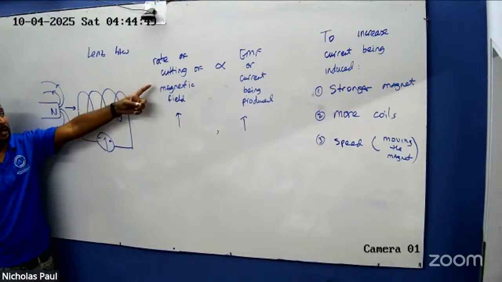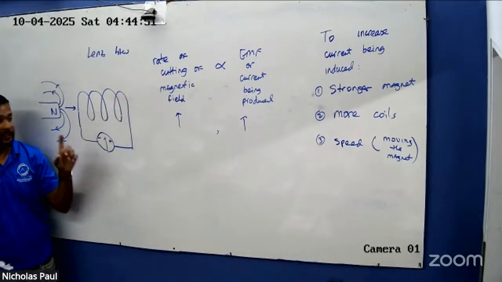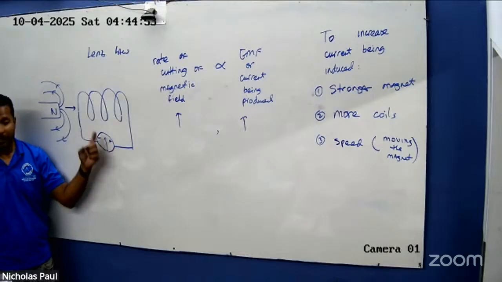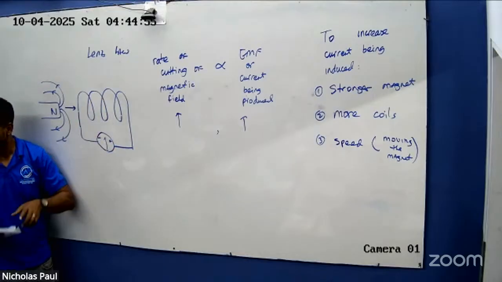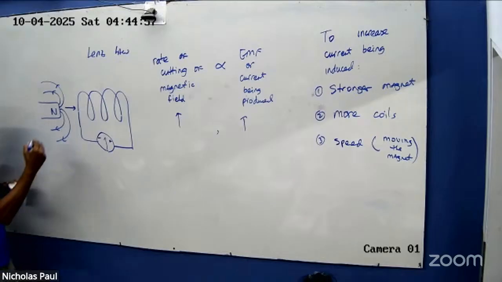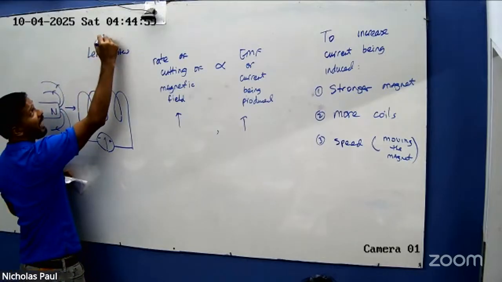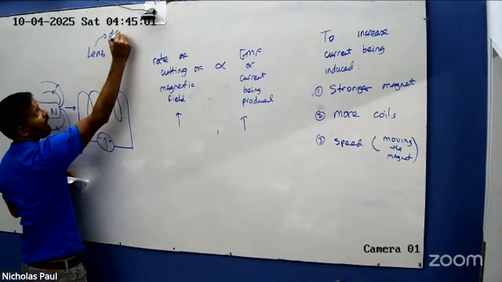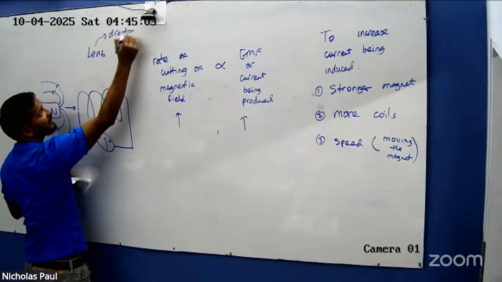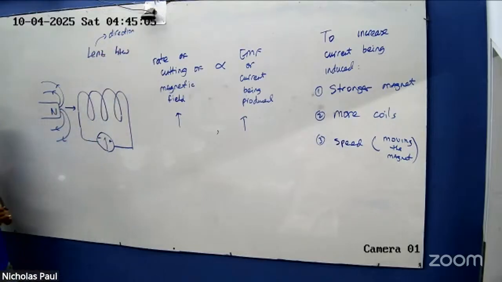Faraday gives us the strength of the current. Lenz gives us the direction. All right, so make a note of that, right? Lenz will give you the direction of the current, and Faraday gives you the strength of the current. Magnitude.